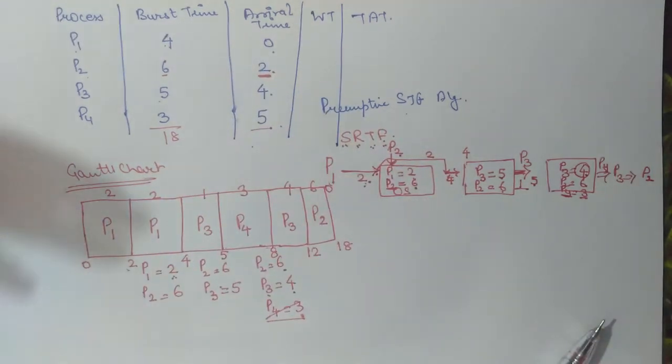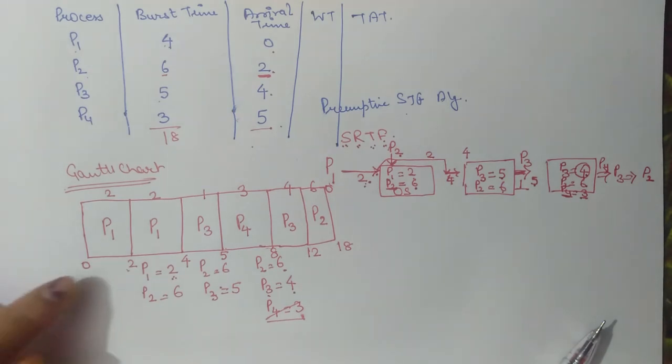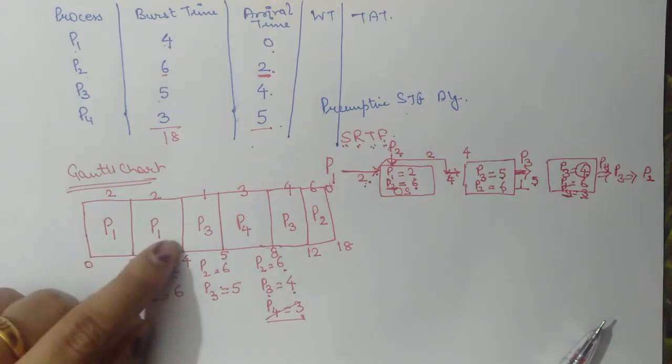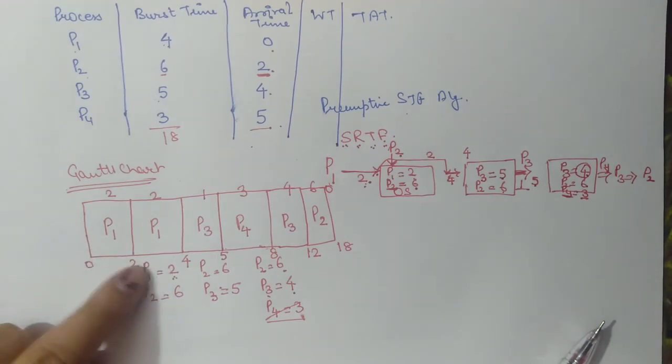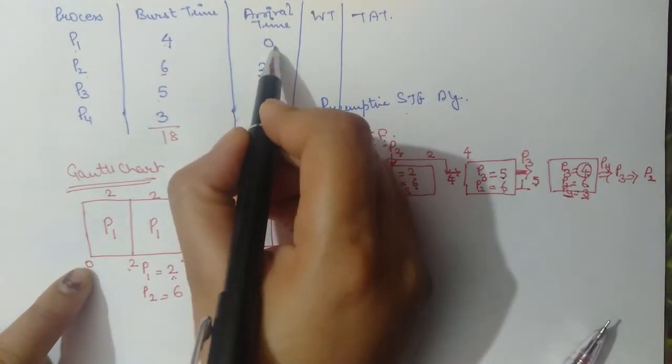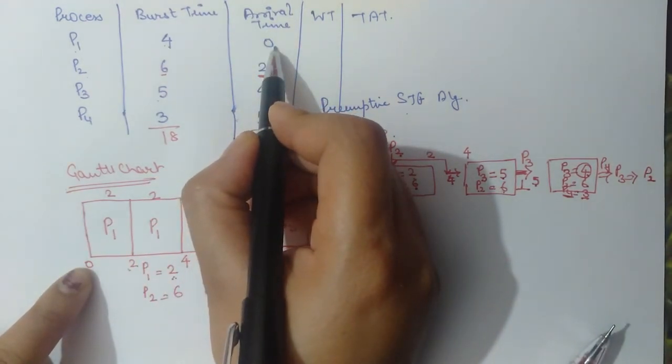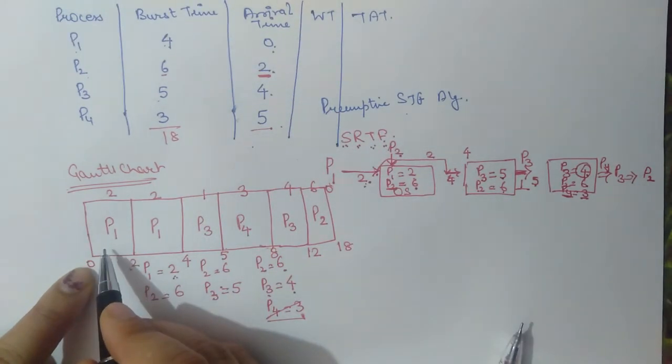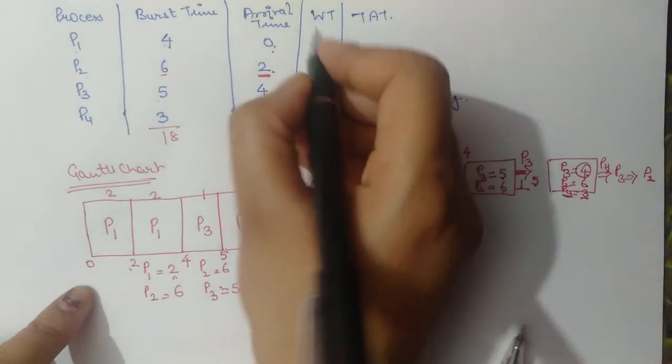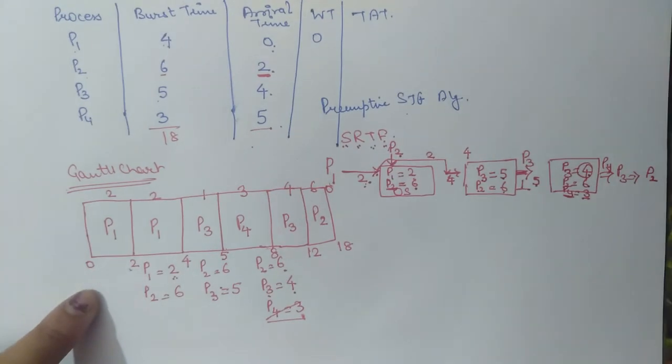Waiting time is the time a process resides in the ready queue in a waiting state. Now we will concentrate on the waiting time of the first process, P1. It entered the ready queue at 0 and started execution at 0, so the waiting time is 0.